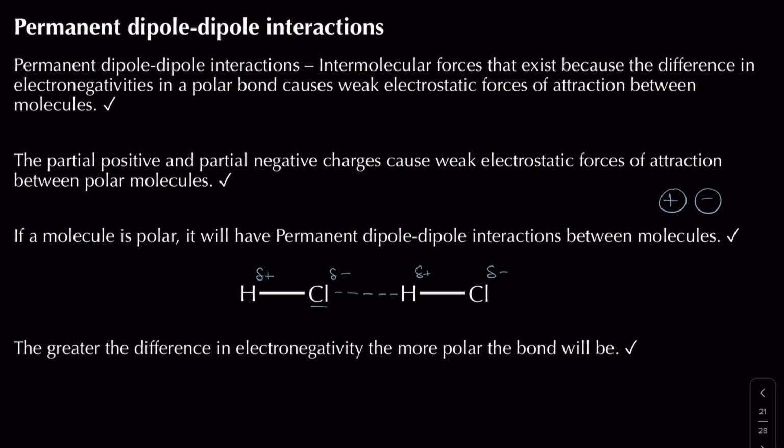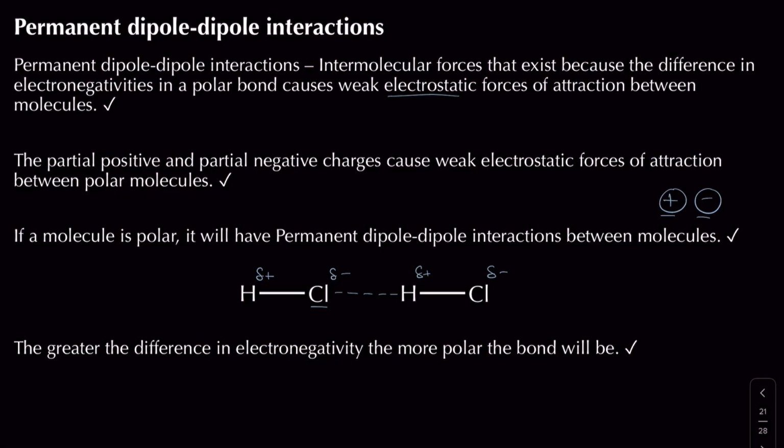Now, in the exam, you need to describe a permanent dipole-dipole interaction as the intermolecular forces that exist because the difference in electronegativities in a polar bond causes a weak electrostatic force of attraction between the molecules. When you see the word electrostatic, you've got to think about positives attracting negatives. Here you've got two hydrogen chloride molecules attracted together by electrostatic attraction.